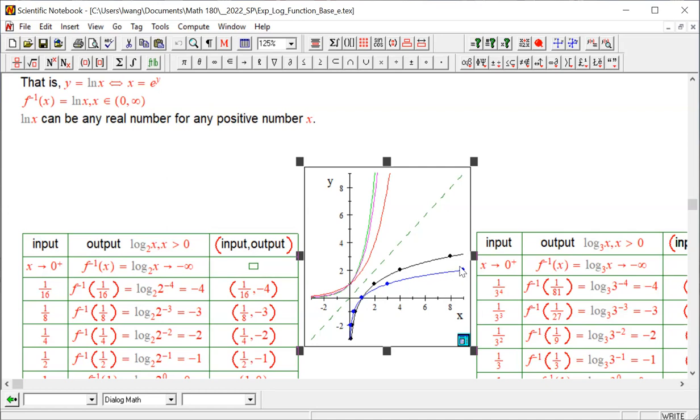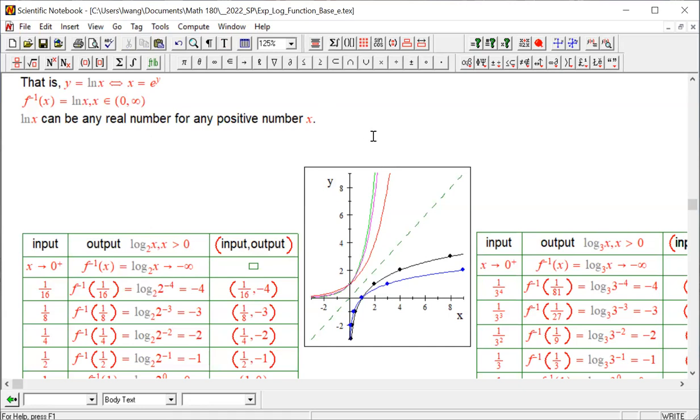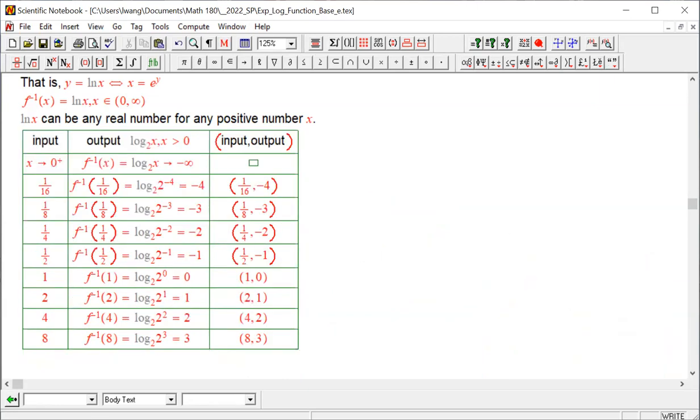And now we're going to graph ln x. How are we going to graph ln x? I'm going to borrow this table and make changes. At the same time, you're going to see some similarities in the way I've chosen the points.